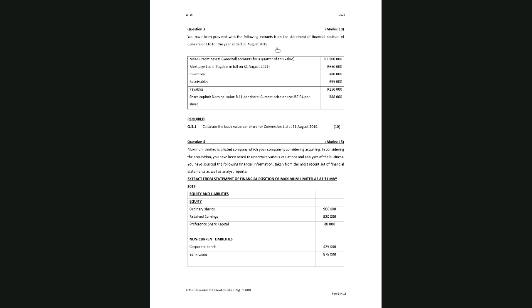So if this mortgage loan here is payable in full on the 31st of August, that means at some point during the business day of 31st of August, I have to pay that 650,000 Rand back, which means that at midnight on the 31st of August, that 650,000 Rand will no longer be owing. Yeah, can you follow that logic?